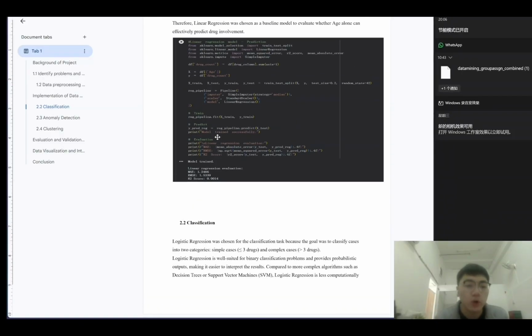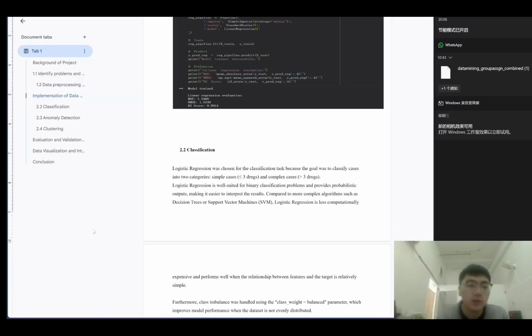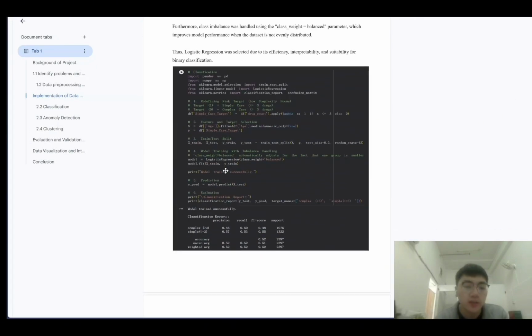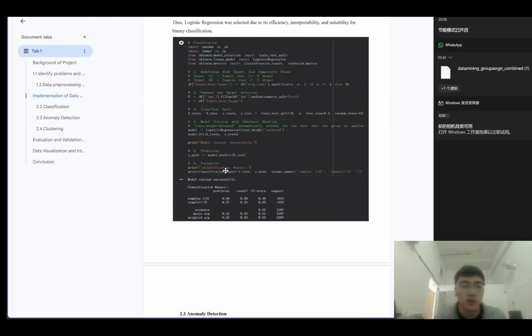It is simple and more interpretable compared to complex models like random forest. We use logistic regression to classify cases into simple (more than 3 drugs) and complex (less than 3 drugs). This method is suitable for binary classification, and it is efficient.